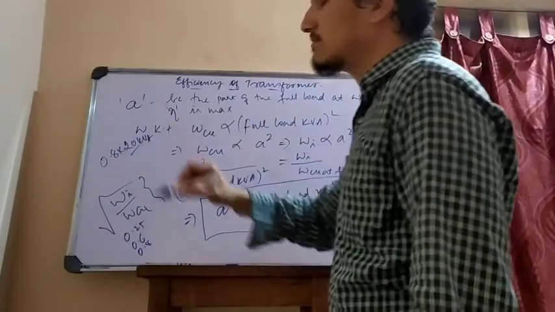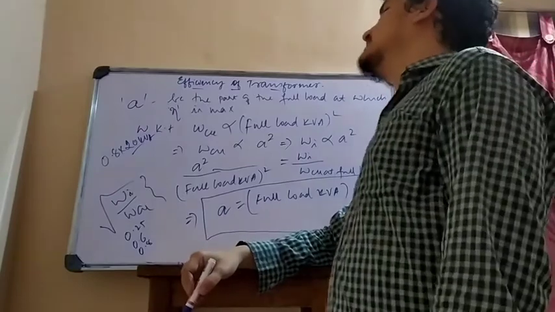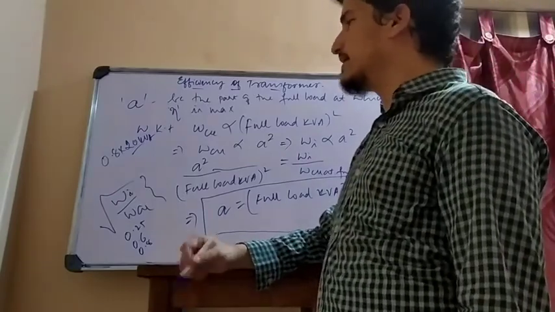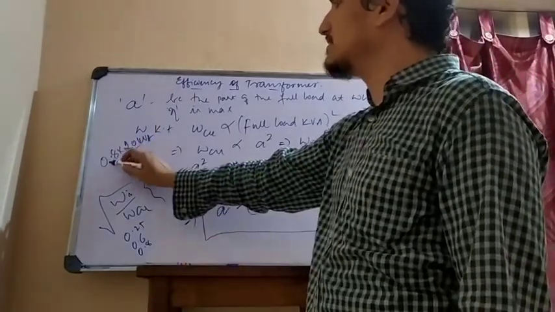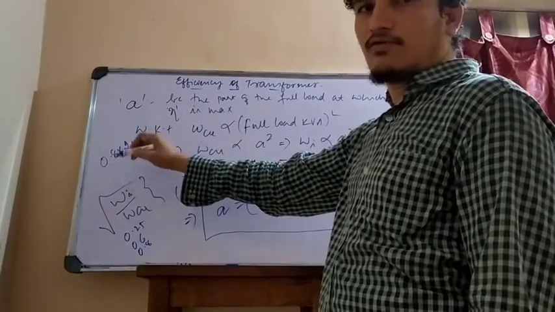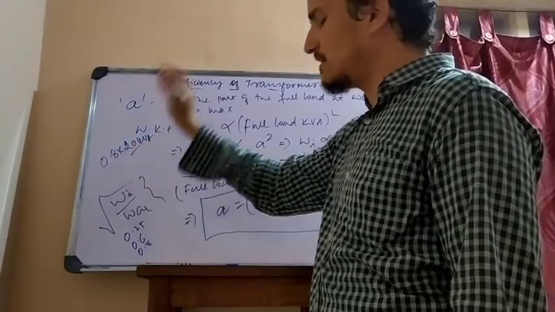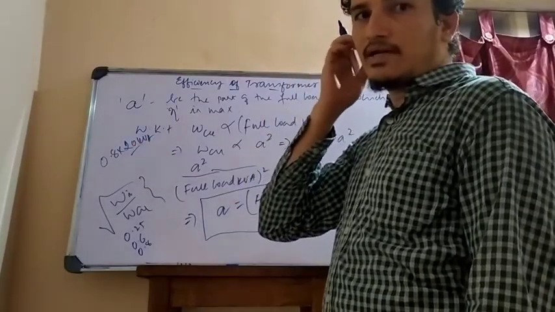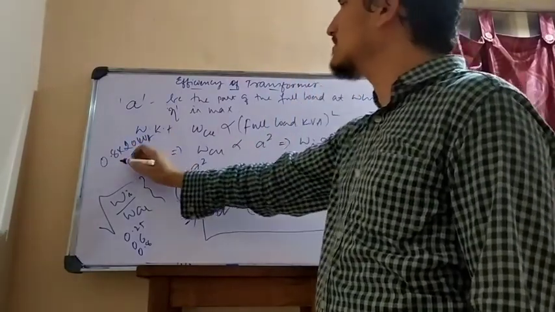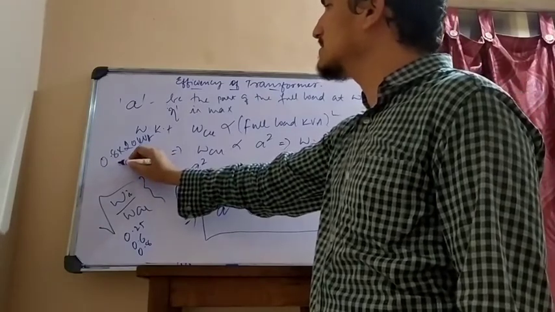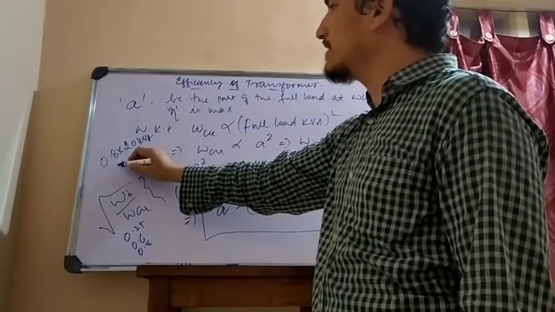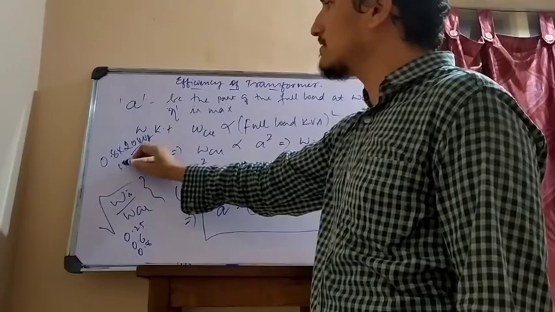Say for example, if 20 kVA is the full rating of the transformer, then if you load the transformer with 80% load, 0.8 times 20 is how much? 0.8 times 20 is around 16, 18, around 17 to 18.